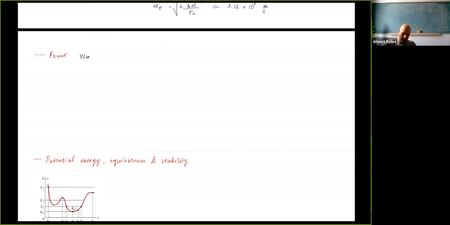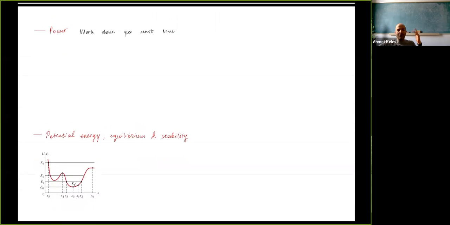Work done per unit time. So of course, how much work you do is important, but how much you do in a given time is also important. And we quantify this with the definition of power. And to do this, we have to do what we did all along.